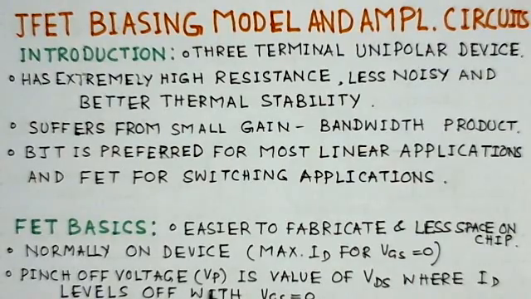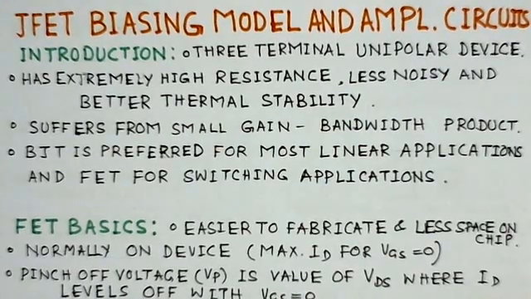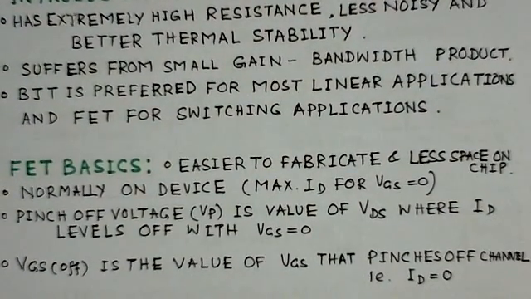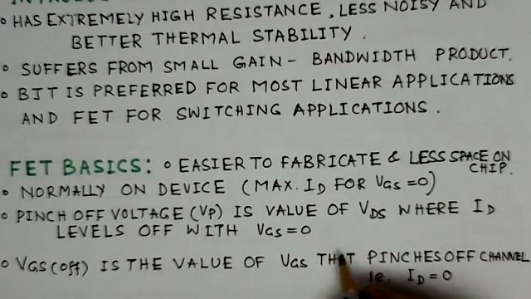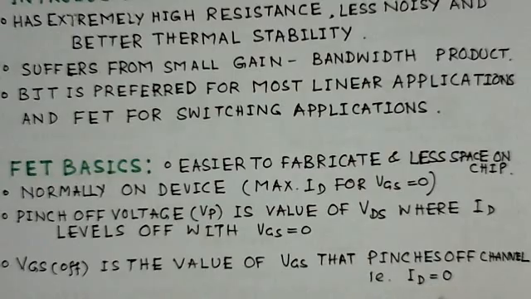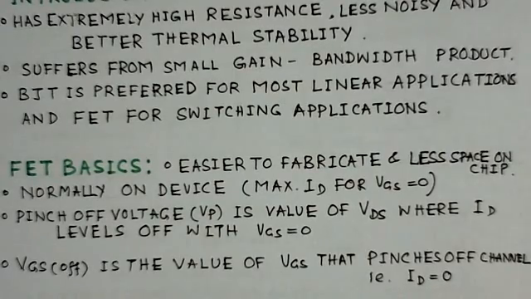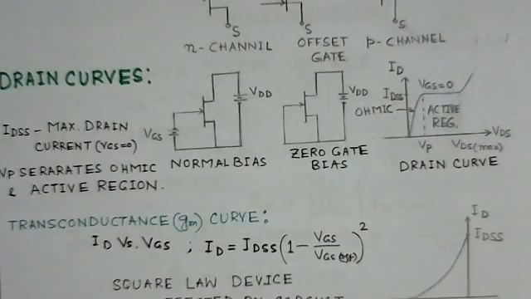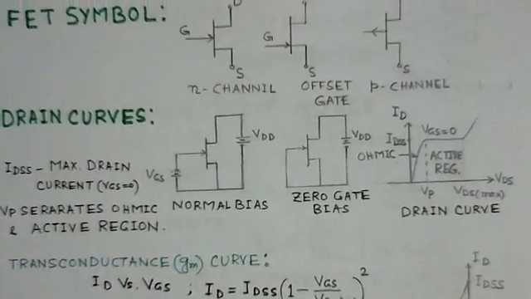Pinch off voltage is one of the very important parameters. It is the value of VDS where ID levels off with VGS equal to 0. VGS off is the value of VGS that pinches off the channel, that is, ID is 0. These have been some of the basics for these FETs.